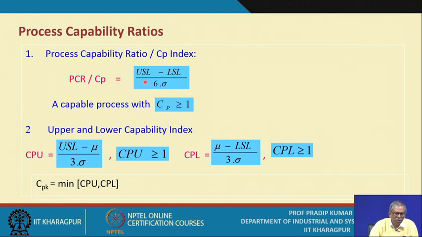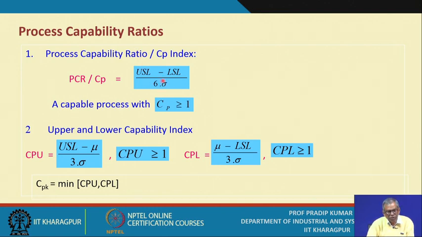Now, here USL minus LSL is basically the specification spread we have already defined. And then what is this 6 into sigma? Sigma is the process standard deviation, and 6 into sigma means the distance between UNTL and LNTL, the upper natural tolerance limit minus the lower natural tolerance limit. That is what you have actually observed, and this is referred to as the actual spread.